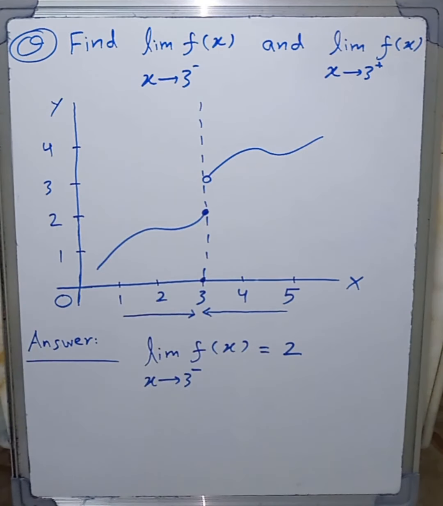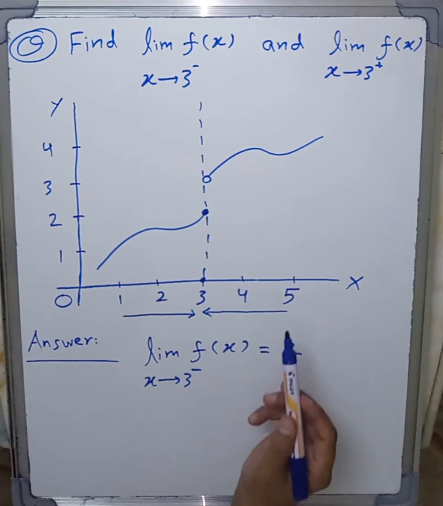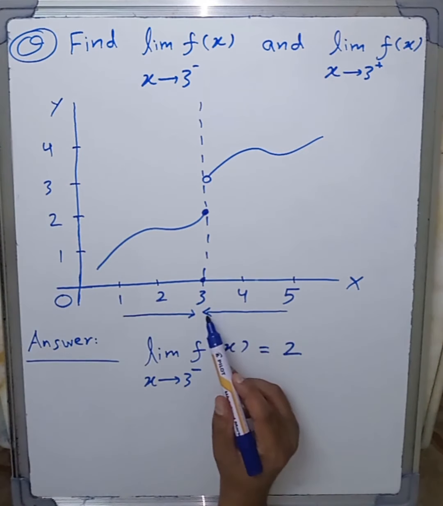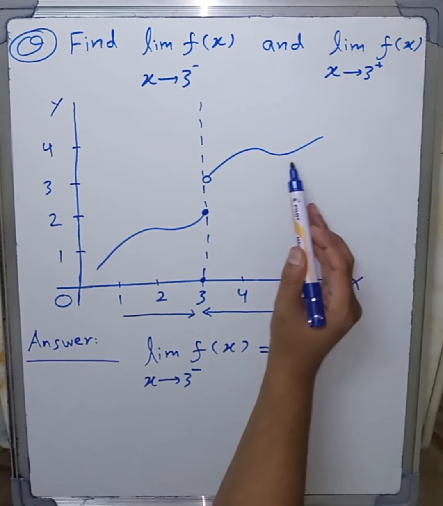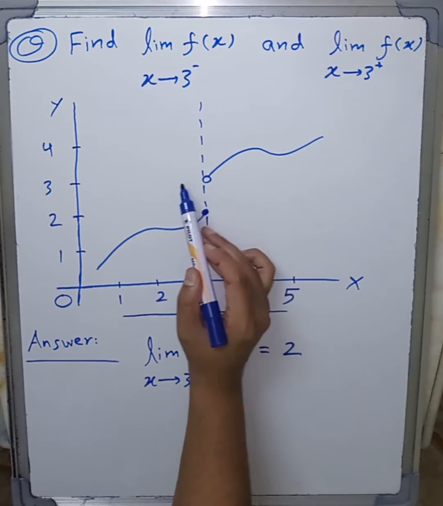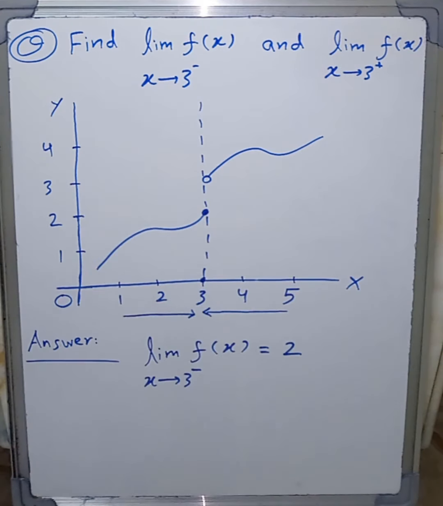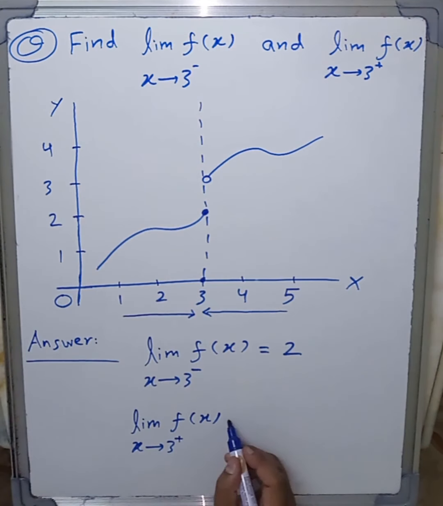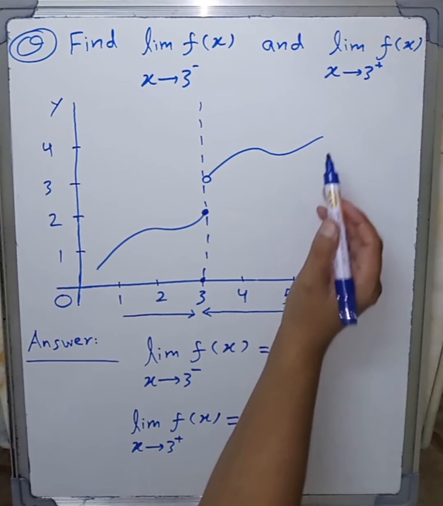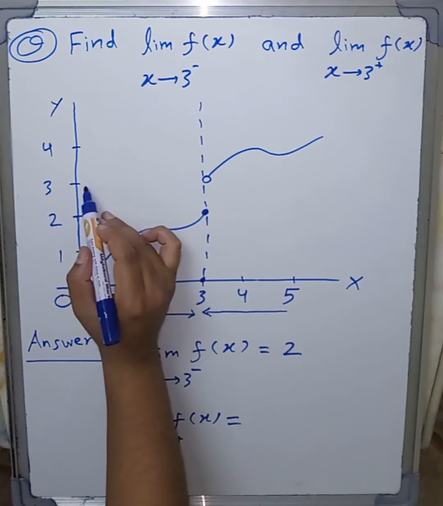So we can say that as we move towards 3 from the right side, the value of the function is moving towards 3, and hence we can write the answer that limit of the function f(x) as x tends to 3 from the right side is equal to 3.